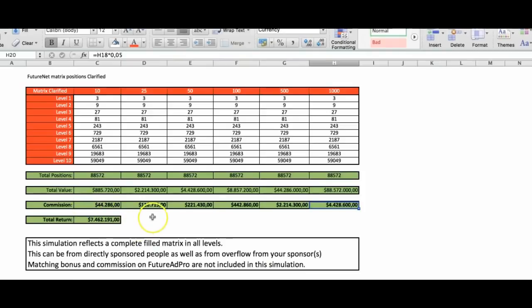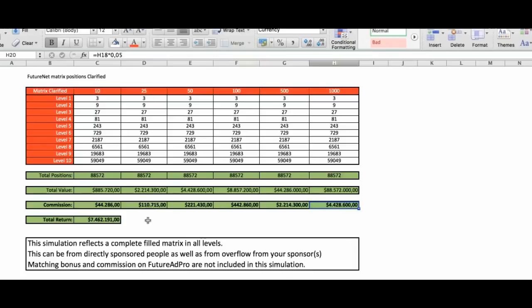The next one 110,000, the next one 221,000, 400,000, 2 million, 4 million. So in total all matrices accumulated give you a total of 7.4 million. Okay, now that is a heck of a lot of money, guys. I mean, this is really serious.